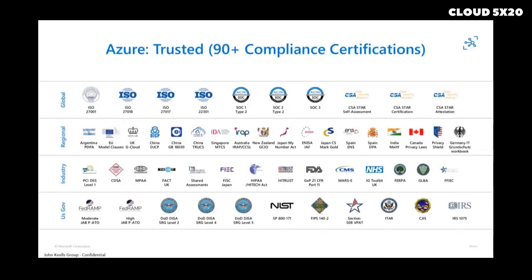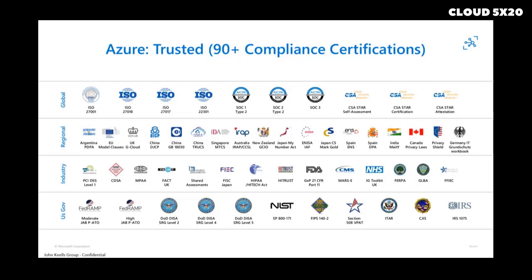Yeah, the security and regulatory compliance is very important because every single customer has it in mind when trying to put all of this into the Azure cloud. As you can see, there are 90 plus certifications that Microsoft has in this entire scenario of trust and compliance requirements.